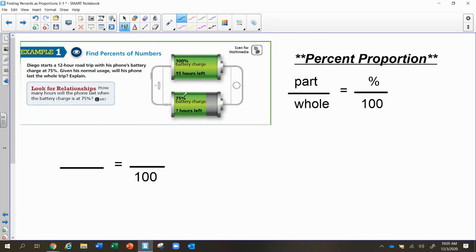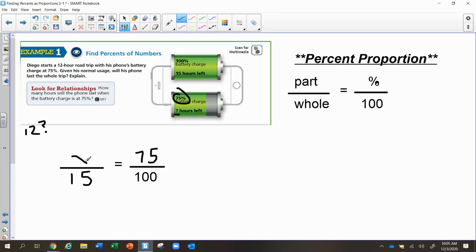we're looking for 75%. So the percent goes over 100. 100%, a full charge, is 15 hours. And we're not going to put 12 right here because we're seeing if he'll have enough for 12. So we're trying to figure out how much is 75% of the battery.